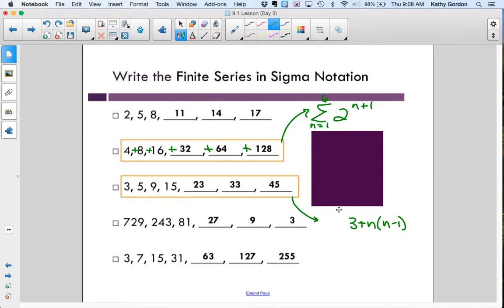We want to add them up, so we put sigma out in front. What variable is being used in the function? N. Which term are we going to start with? And how many terms are we adding? 7 this time. So that is the sigma notation that represents this.